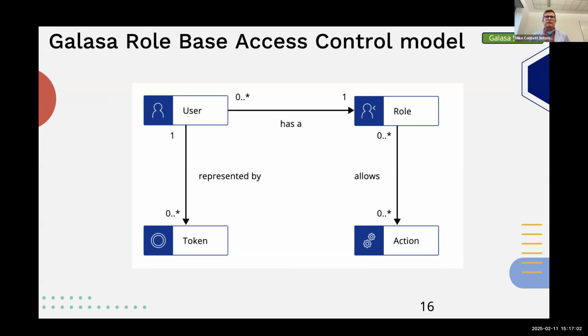Forbidden, I think, is the HTTP code. Now, we already know users can create tokens on the Galasa service, and they represent the user. So they have the same role as the user currently has. There's no separate role for a token, and the token will always track back to the current role of that user.